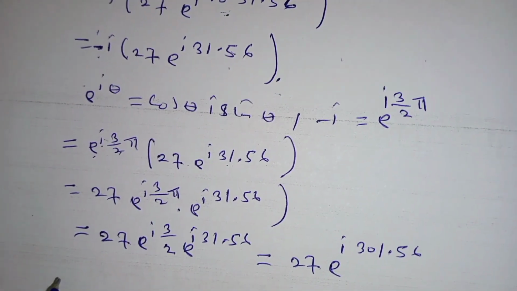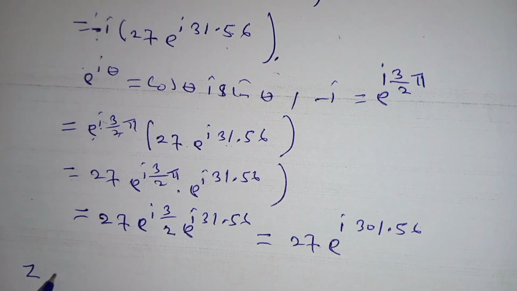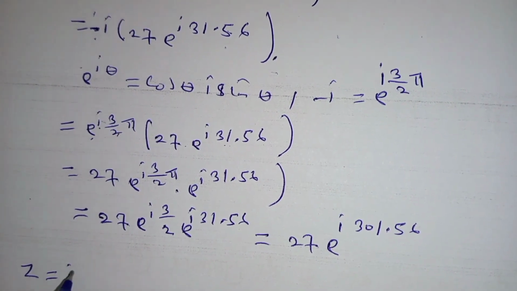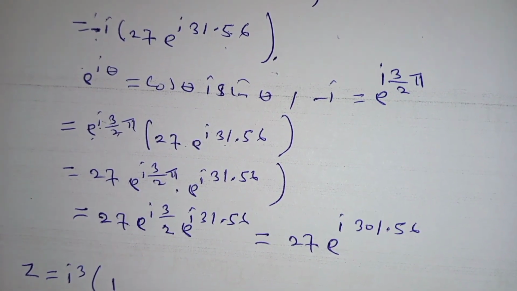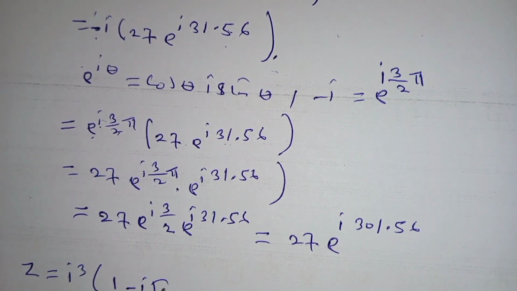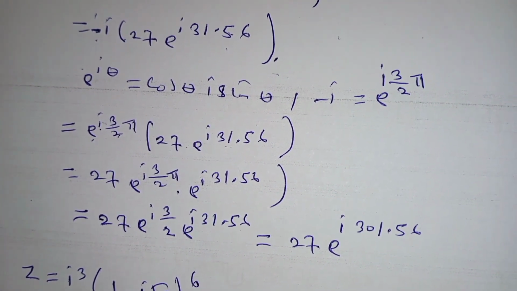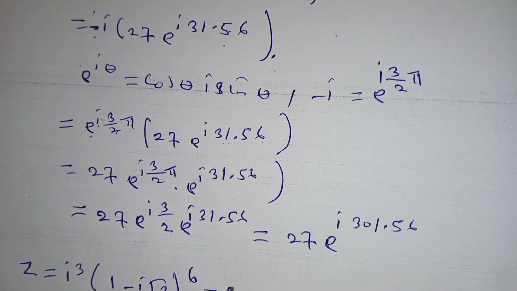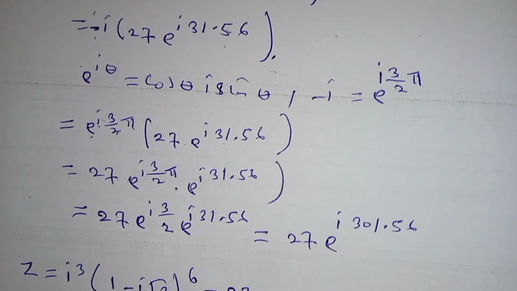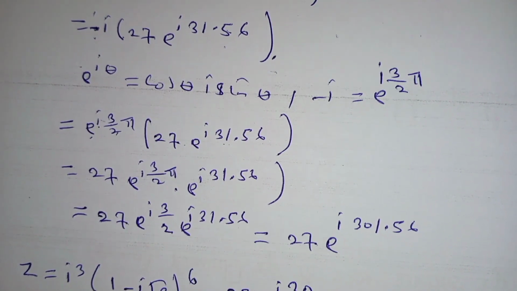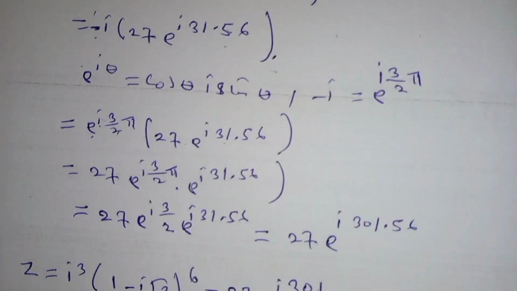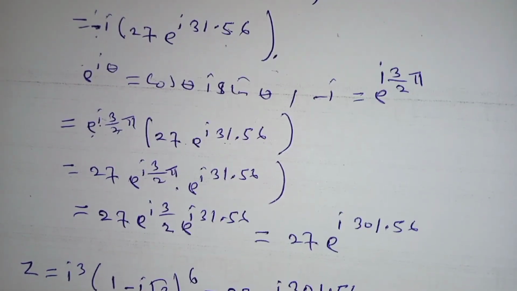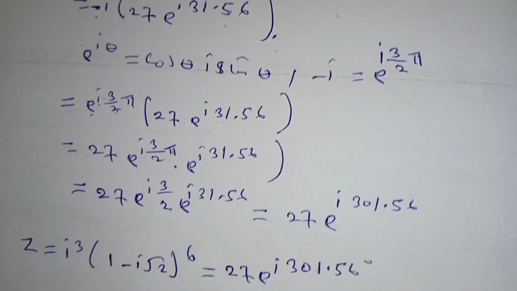So our equation was z is equal to i cubed into bracket 1 minus i root 2 to the power 6. In exponential form, it will become 27 e to the power i 101.56 degrees. So that is our solution.